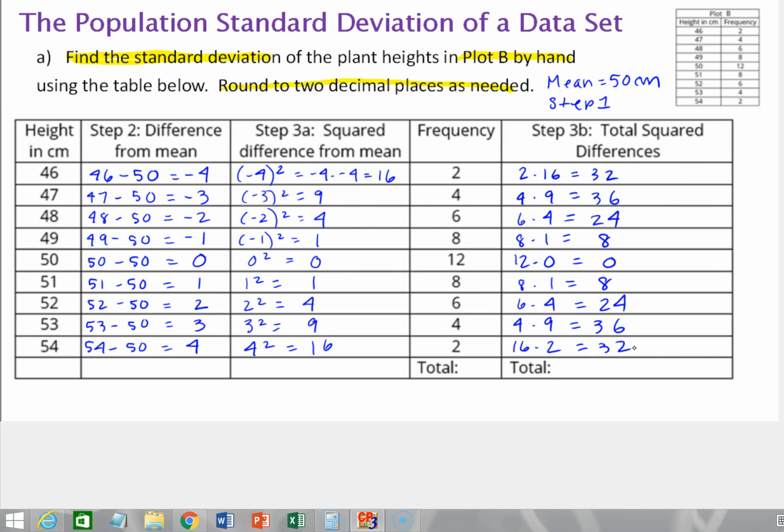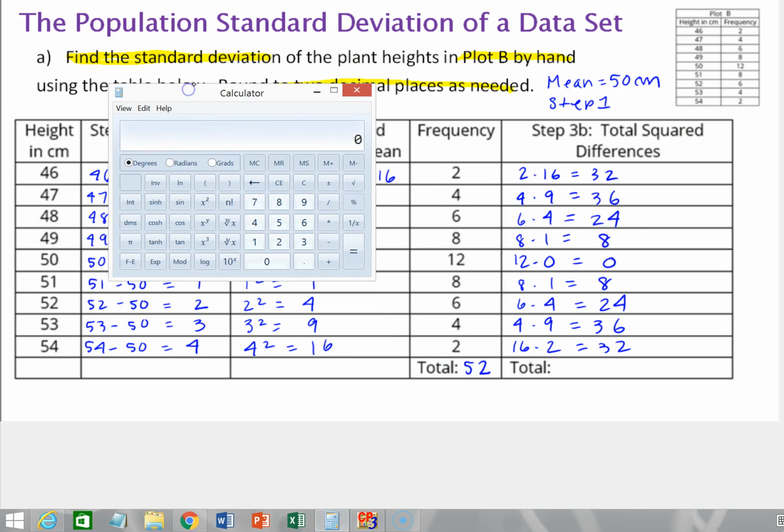So our next step is we need to find the sum of the total squared differences and divide by the total number of data points, which is the sum of the frequencies. Now if we add the frequencies, we have 4 and 6 is 10, and 10 is 20, 32, 42, 52. Again, you could do that on your calculator if you'd like, but we have a total of 52 data points.